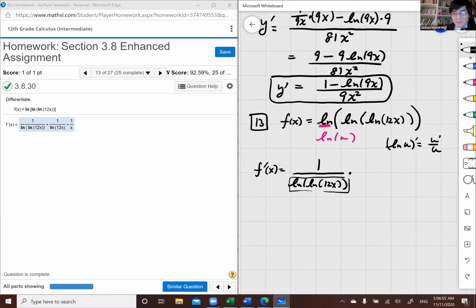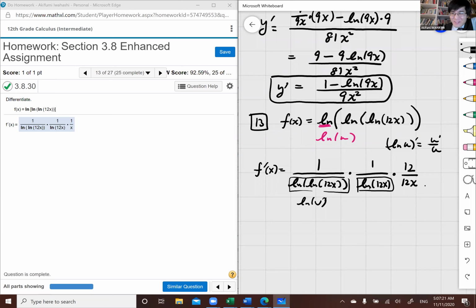Again, the derivative of this one looks like ln of something, right? So it's going to be 1 over u times the derivative of this one. And the derivative of this one will be 12x, u and u dash. That makes sense?